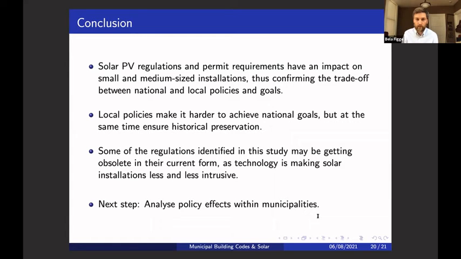And what we're currently working on is looking at policy effects within municipalities. Many municipalities actually only have policies in place for part of the municipality, for example, for the historical core of the municipality. So that's where we're headed. Thank you, I hope you have some questions for me.